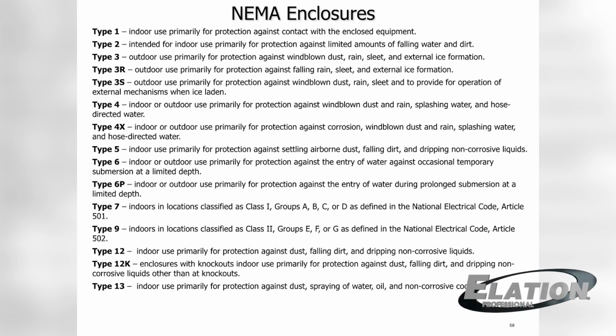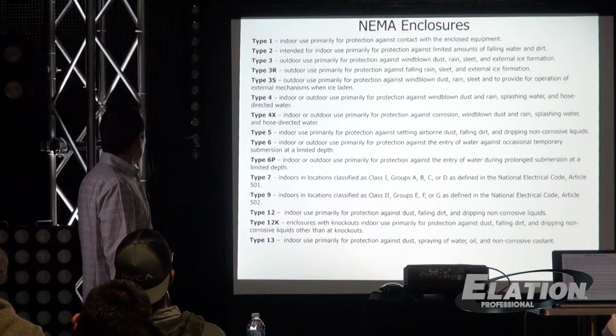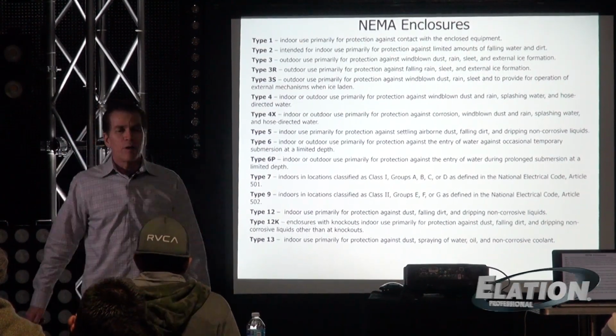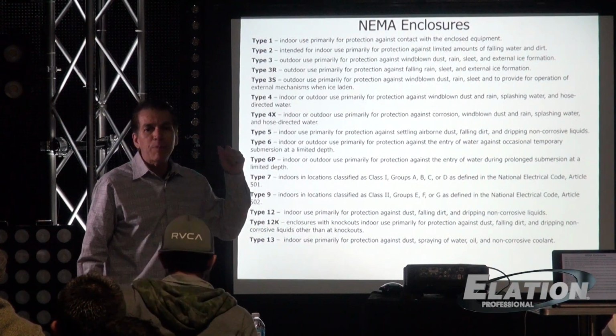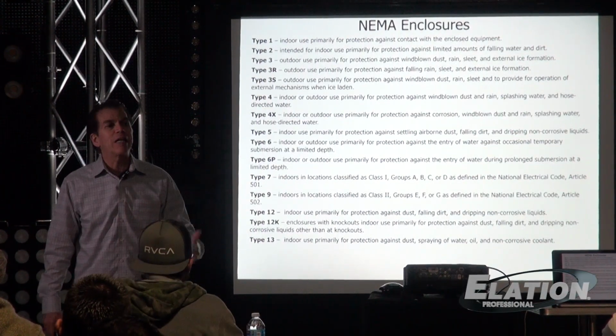And then type 6 is for occasional temporary submersion at a limited depth. And then type 6P is for prolonged submersion at a limited depth. So those are similar classifications to IP65, 67, and 68.